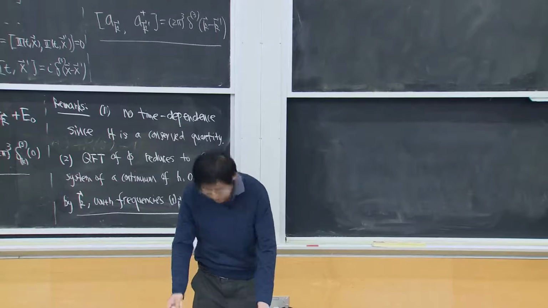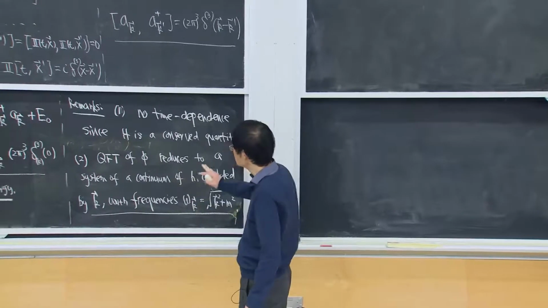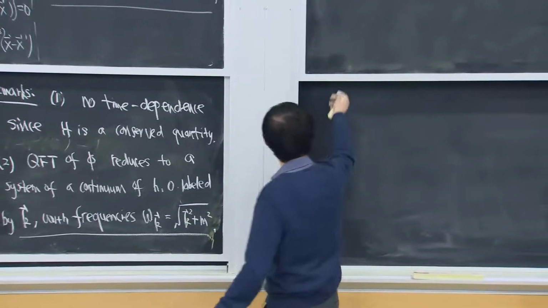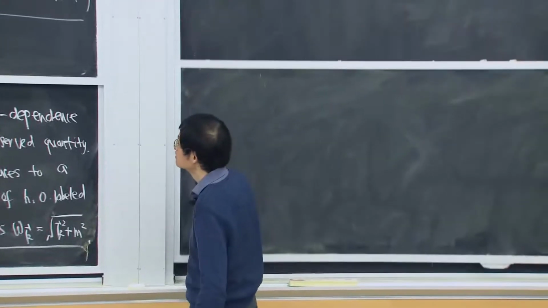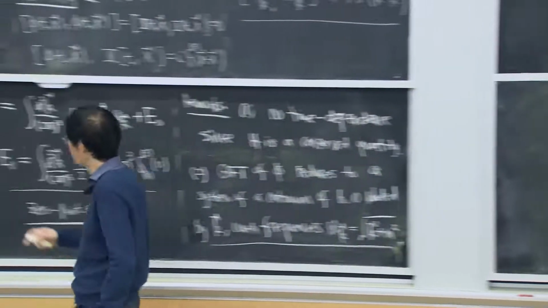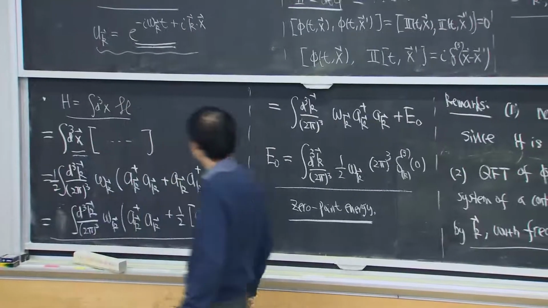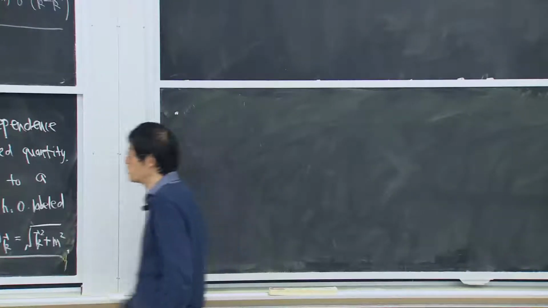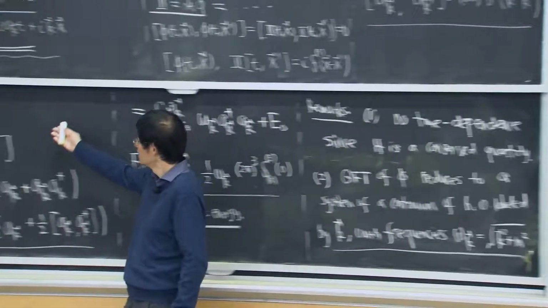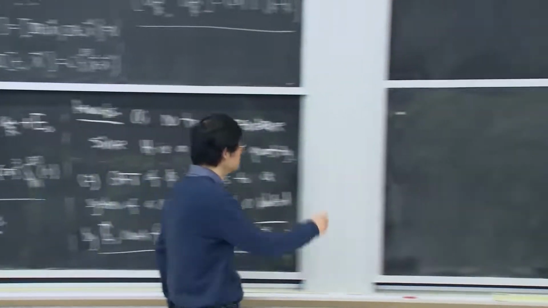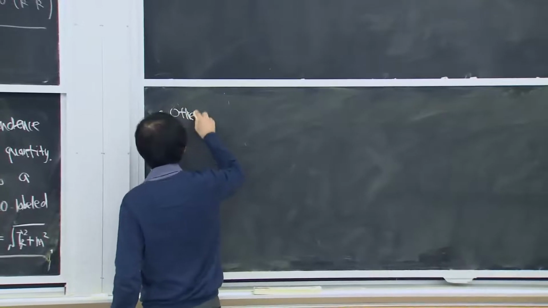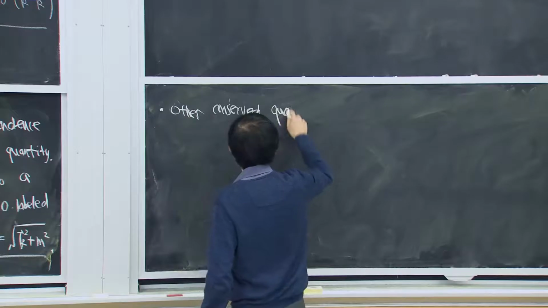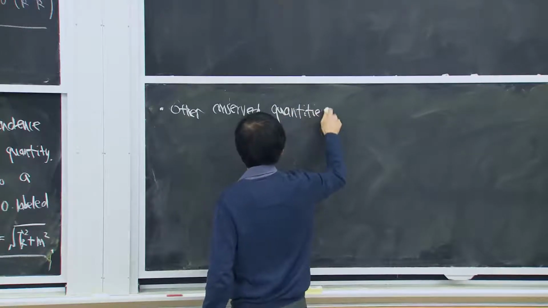Before we talk about the Hilbert space, we need to talk about two things. So here I have a dot. And the second thing: the Hamiltonian is an important quantity, one of the conserved quantities.